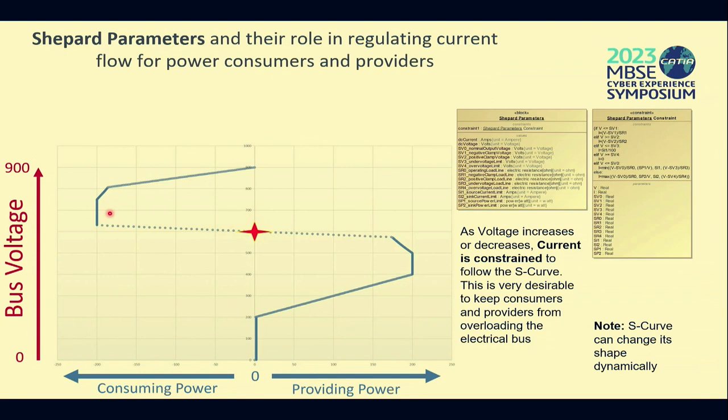And as I mentioned, that is a very desirable way for power consumers and providers to behave in order to keep everything in balance when you're sharing a certain amount of voltage in a power system. So if you notice, this side of the axis is on the positive side. So anytime that voltage is within this range, we will have a positive value for current. And what that means is that module will actually be providing power to the bus.